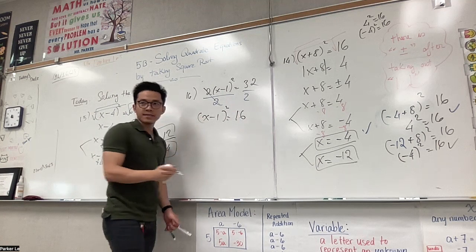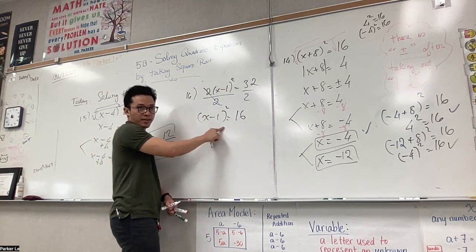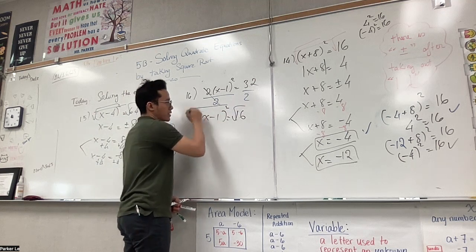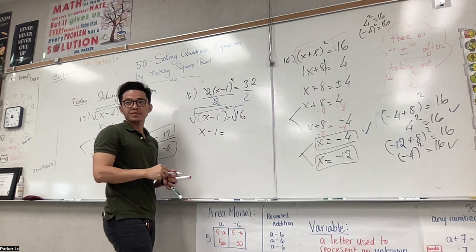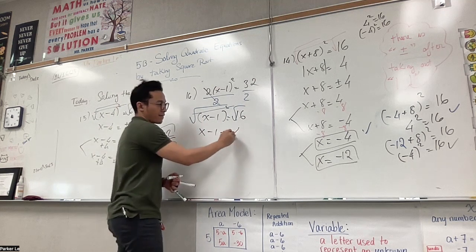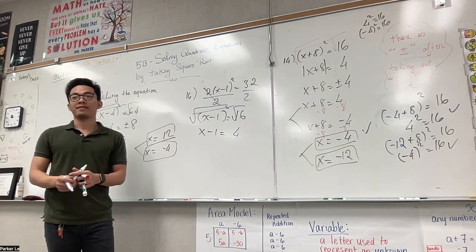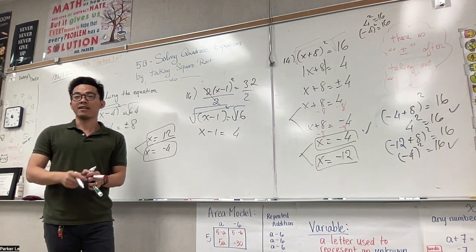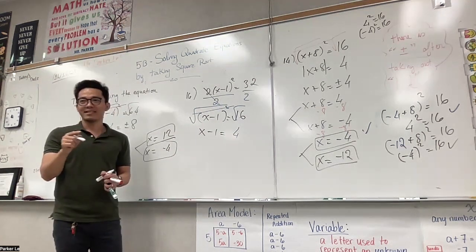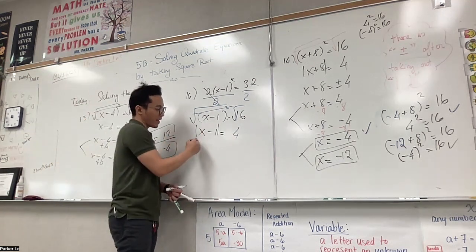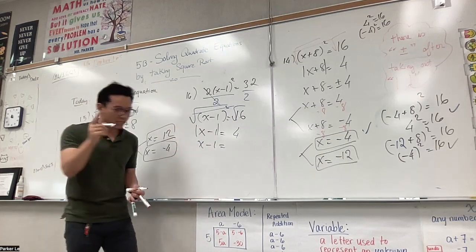16. What next? Square root. Now all of it is a square term. Okay? Square root it. Cancel the square. You're going to have x minus 1 equal to... Then what is this? Plus minus.